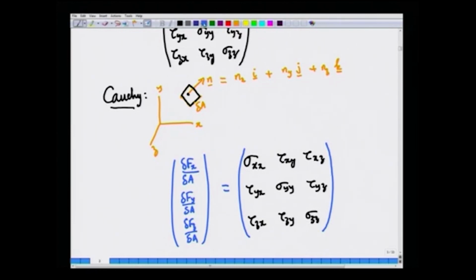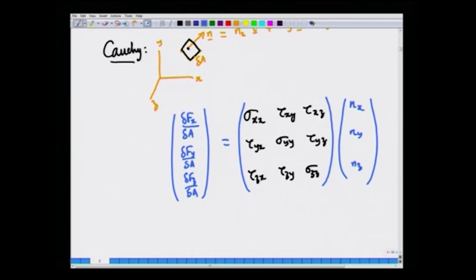According to Cauchy's result, you simply have to do a matrix multiplication of the 3 components of the unit vector with the stress tensor. This is like a multiplication of a 3 by 3 matrix with a 3 by 1 vector. So, the answer will be a 3 by 1 vector.